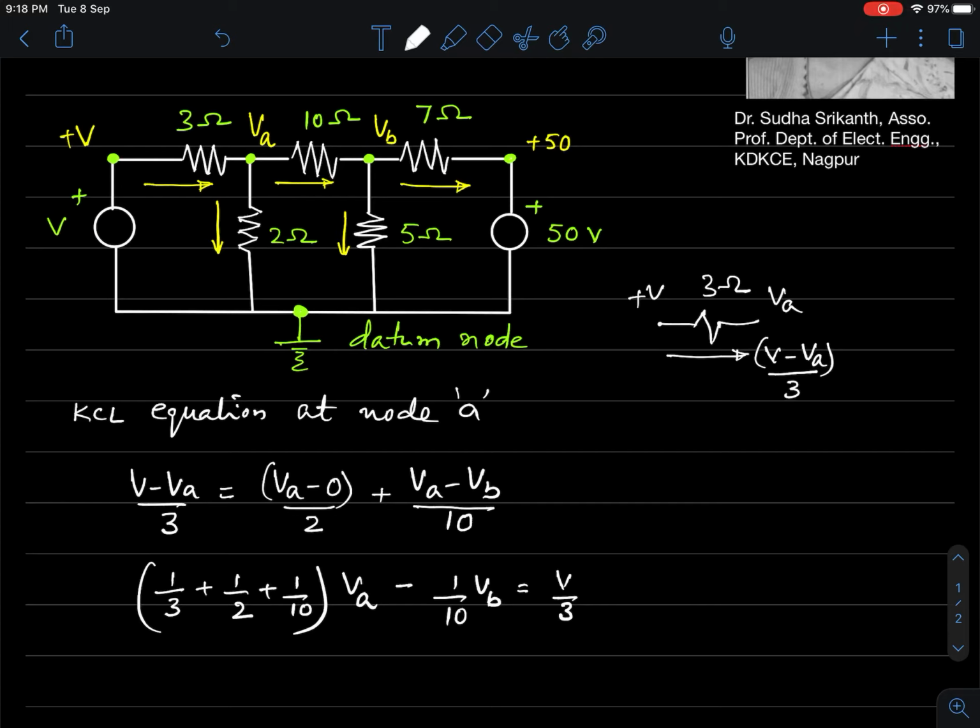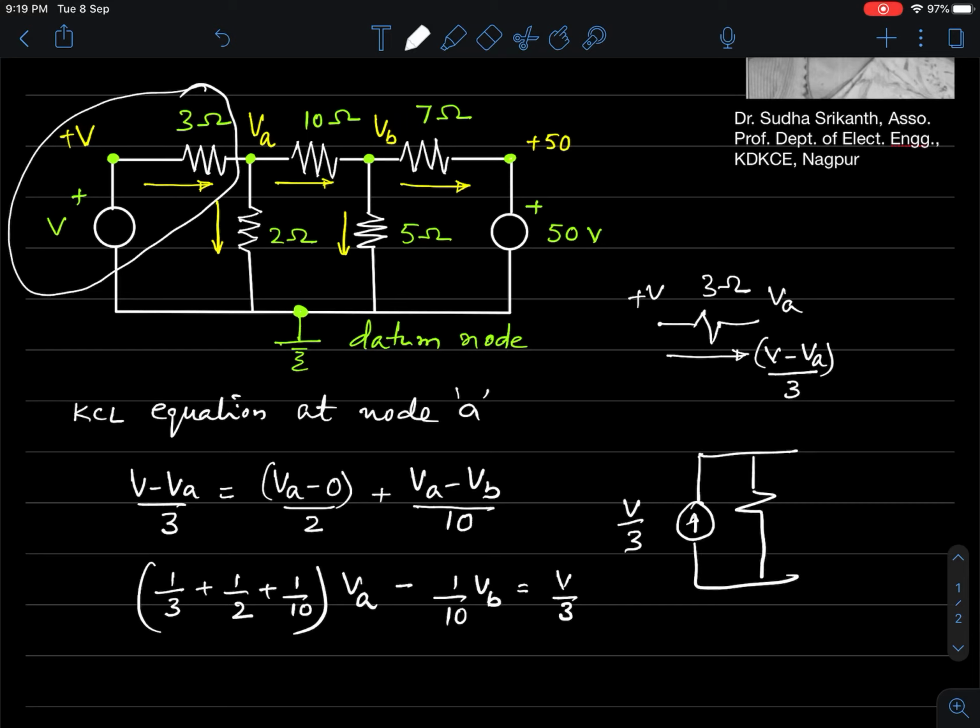Even if we convert this voltage source into an equivalent current source, then how do we get it? We get it like this. We get this source as the current source with the magnitude of V by 3, and I'll get this 3 ohm across.